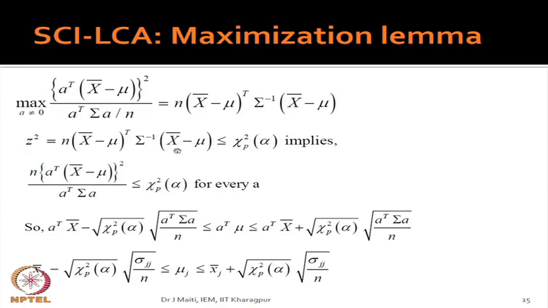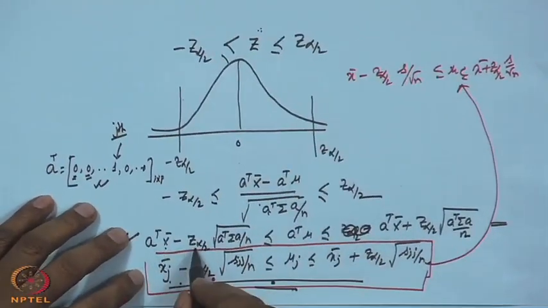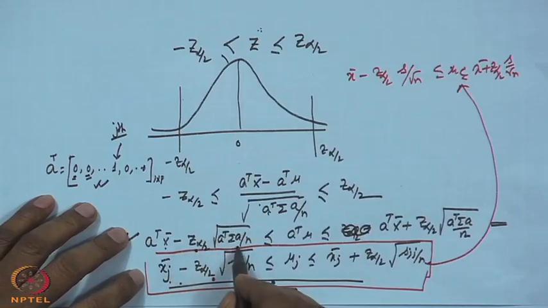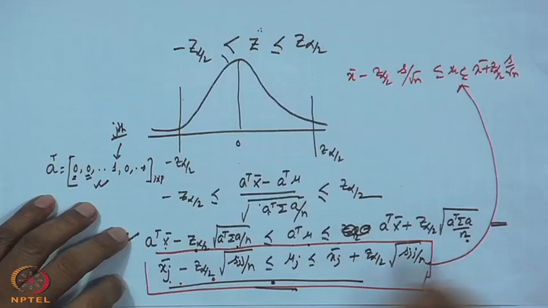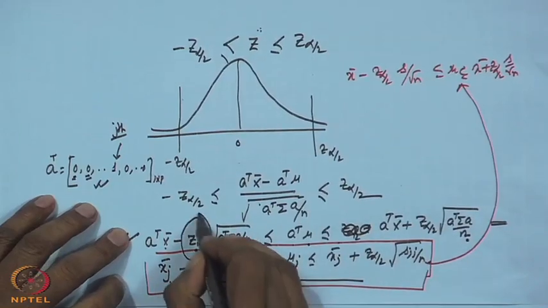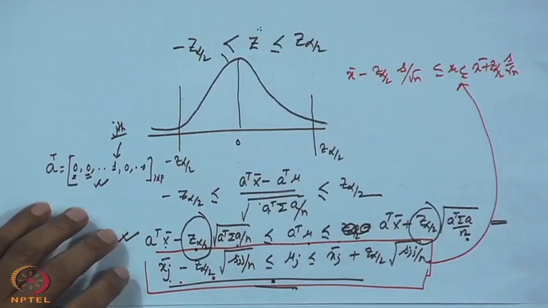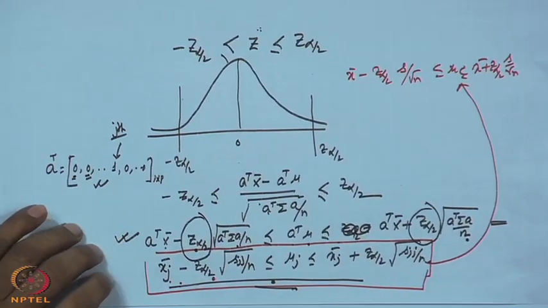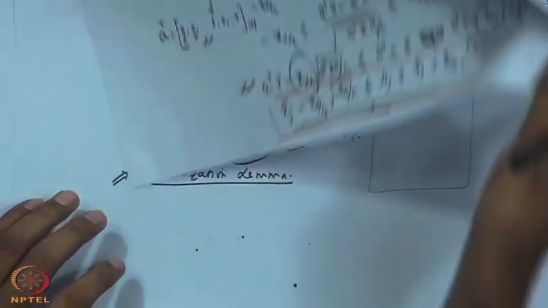Now, with this modification you rewrite the earlier equation. What had you written earlier? You had written A transpose x bar minus z alpha by 2 times this, less than or equal to this, less than or equal to this. So this z alpha by 2 will be replaced by the square root of chi square p alpha.